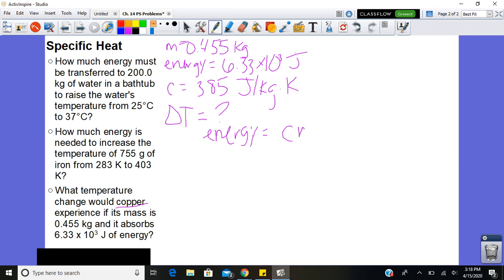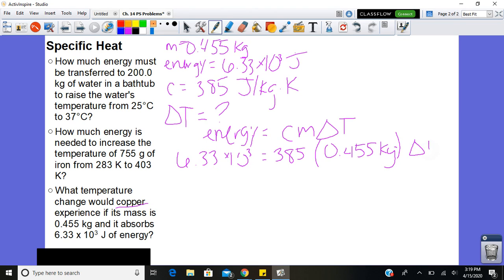Energy equals C m delta T. This time I have my energy, so I have 6.33 times 10 to the third joules. I have my specific heat again, so I have 385 joules divided by kilograms times Kelvin. My mass is 0.455 kilograms. And I don't know delta T.